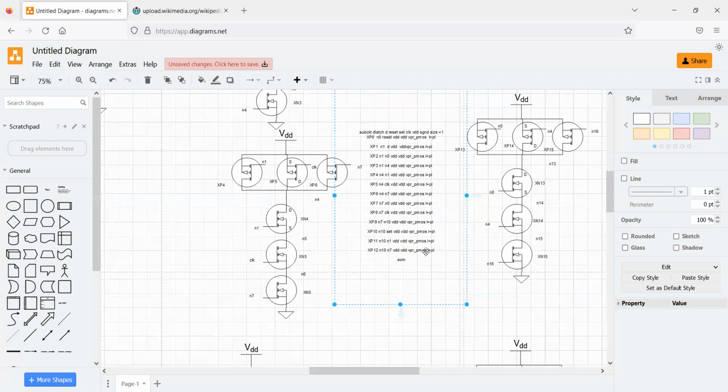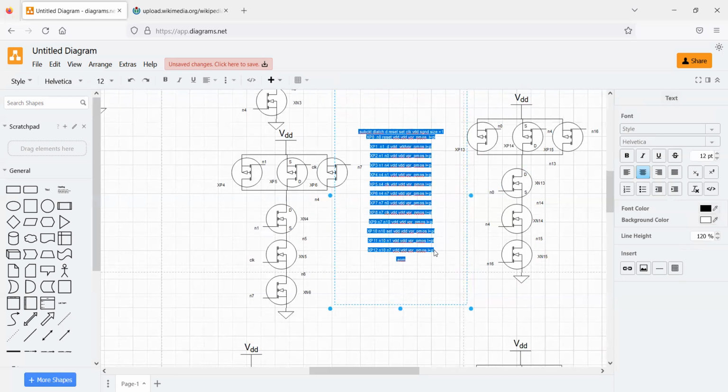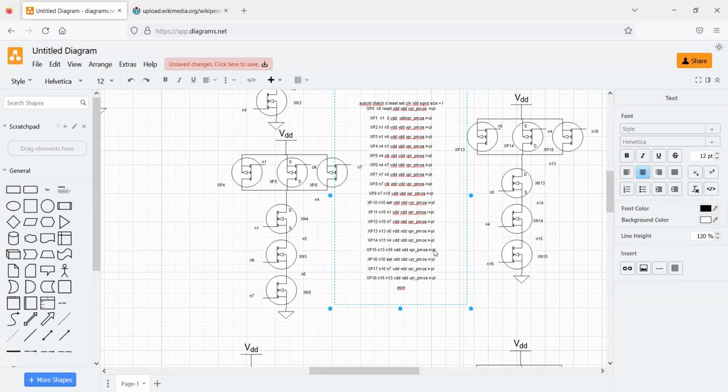XP14, sorry, it goes from N13 to N4 to VDD. Then VDD, of course, VPR PMOS. We have for the last, XP15, N13, N16, VDD.